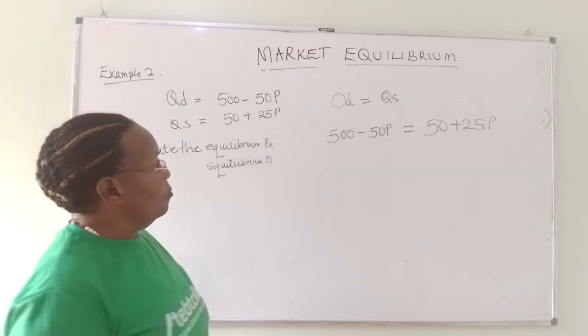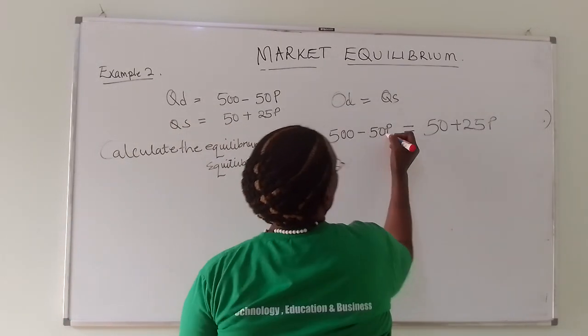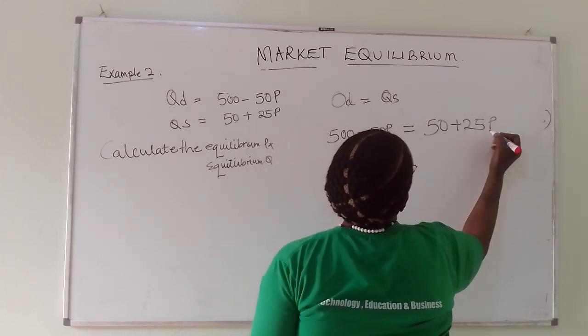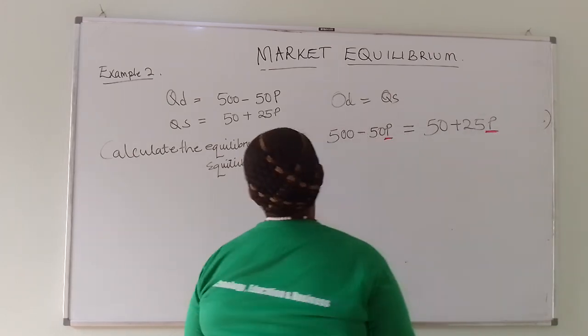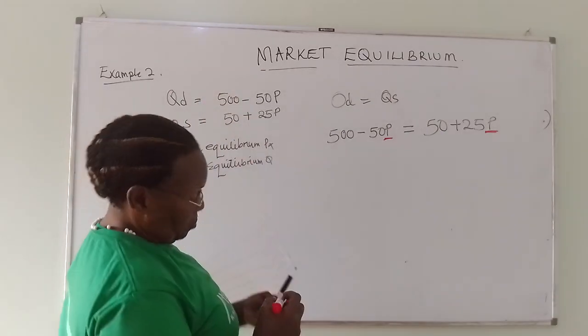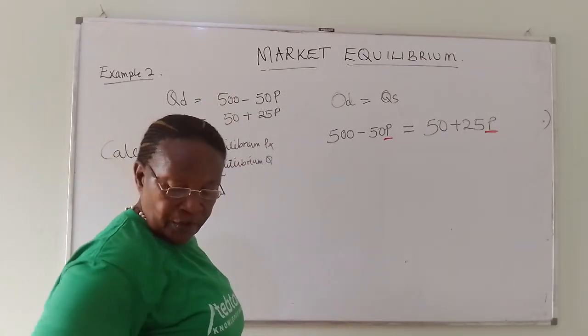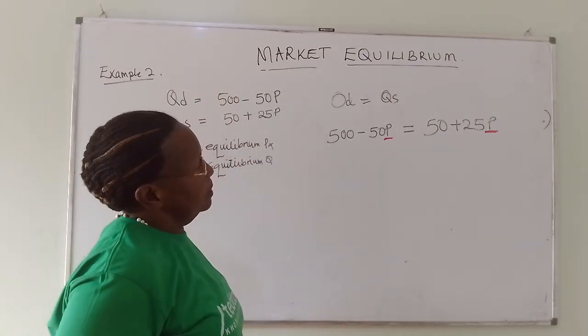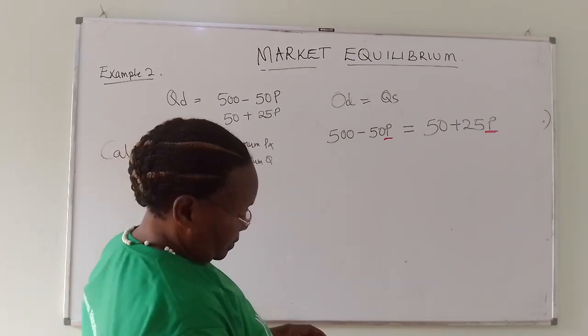And in our formula, again, P is the unknown. We need to get the equilibrium price so that when we substitute into our functions, we are able to get the equilibrium quantity and equilibrium price respectively.